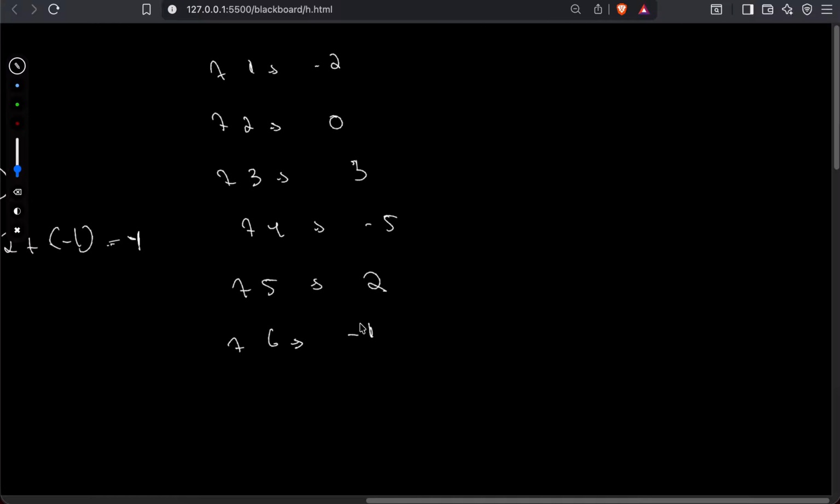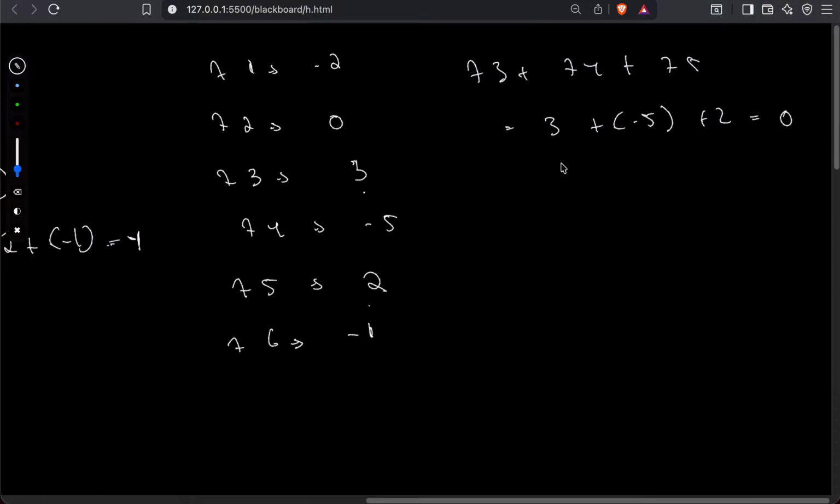Your teacher asks you to add up the numbers of friends 3, 4 and 5. So 3 plus -5 plus 2 is 0. That is the whole problem.